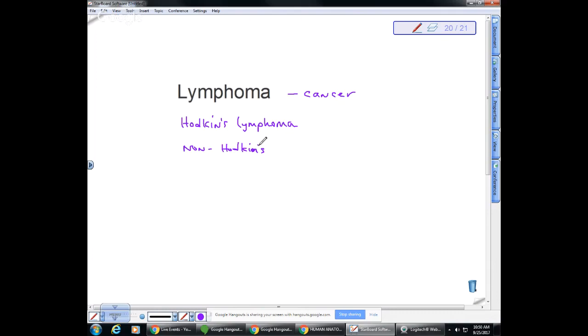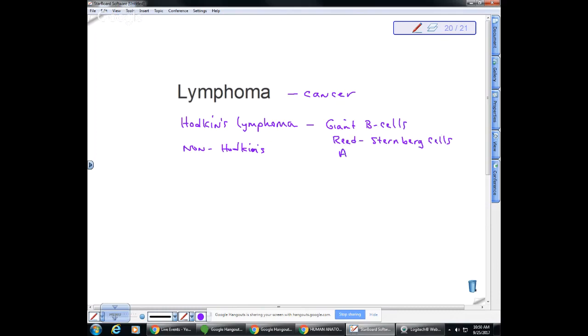So the reason that they're different is you can actually see the difference under the microscope. Hodgkin's lymphoma has these giant B cells. So specialized B cells become cancerous, and specifically these are called Reed-Sternberg cells. And Hodgkin's lymphoma seems to be associated with a viral infection.